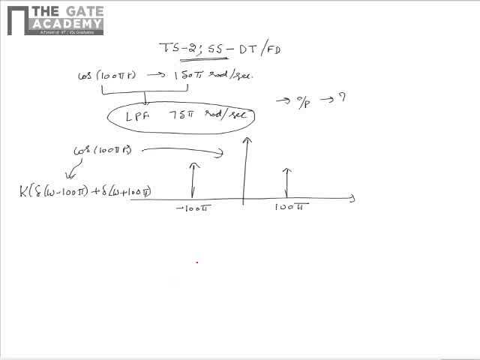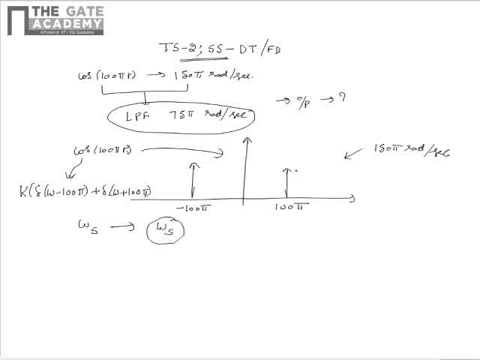But it is given that this signal is sampled at 150 pi radians per second. We know that if any signal is sampled by a frequency of omega s, they will have the frequency band separated by omega s.